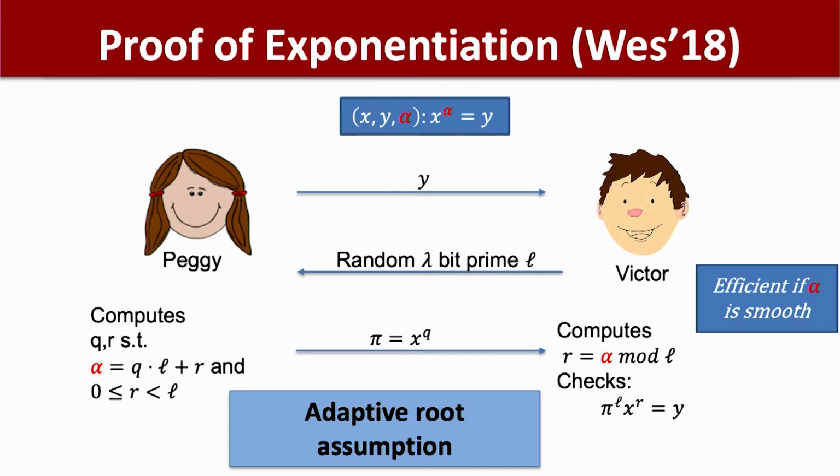And even if alpha is smooth, so if alpha is 2 to the k for some k, this doesn't mean that q is going to be smooth, right? Because I'm doing Euclidean division here, I have no guarantees about what structure little q has.